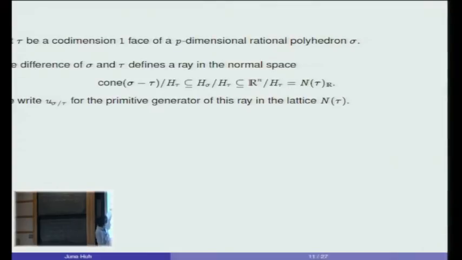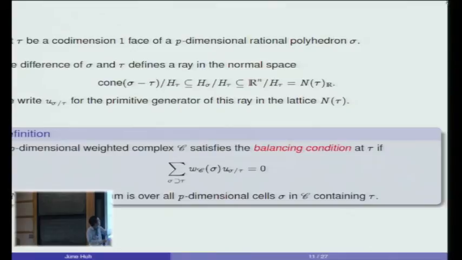Whenever I have a codimension 1 face tau of a maximal cell sigma, then the difference of sigma and tau, where sigma is p-dimensional and tau is codimension 1, generates a ray in the quotient space defined by the subspace of tau. And I'll write u_sigma,tau for the primitive generator of that ray. So I have associated to each pair of a p-dimensional cell and its codimension 1 face this integral vector in the quotient space.